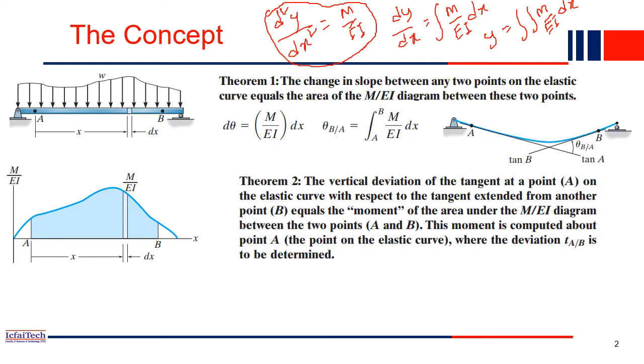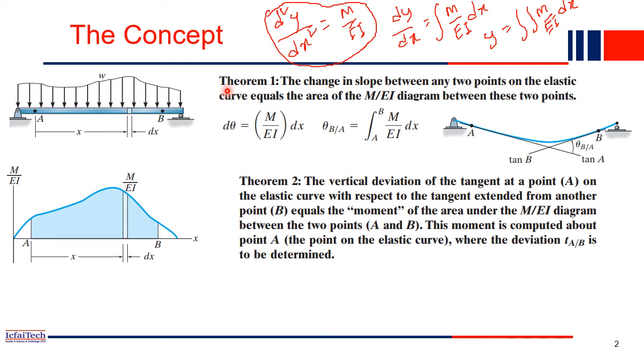This is what we discussed in the last class using double integration: if you integrate the beam equation two times, with the first integration you get the slope, and with the next integration you get the deflection. The same concept we will use in this method also, the moment area method.